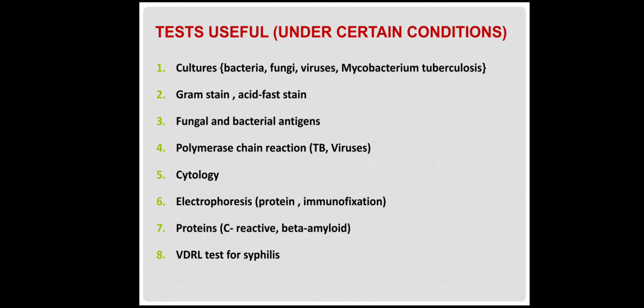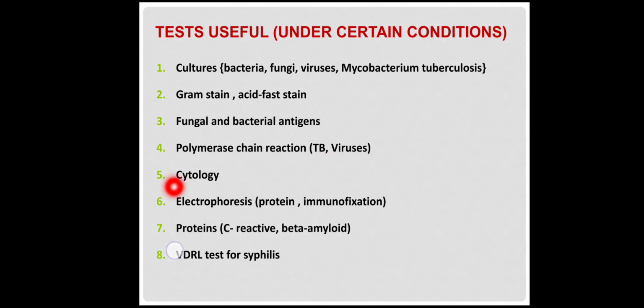Now, certain specific tests which are done in certain conditions are culture for bacteria, fungi, and Mycobacterium tuberculosis, then gram staining, acid fast staining, that is ZN stain, then tests for fungal and bacterial antigens, polymerase chain reaction for demonstration of tuberculosis and viruses.